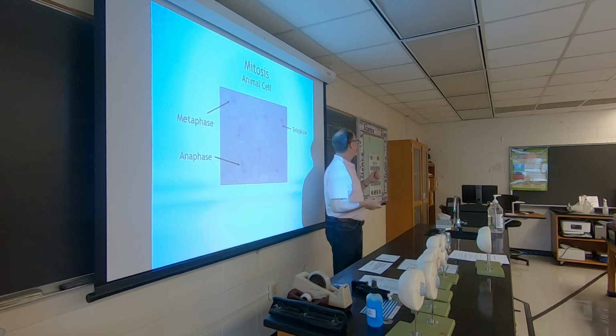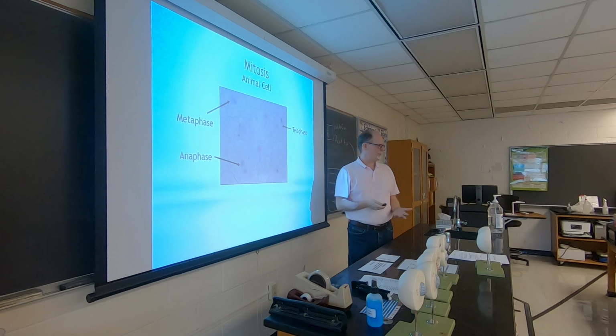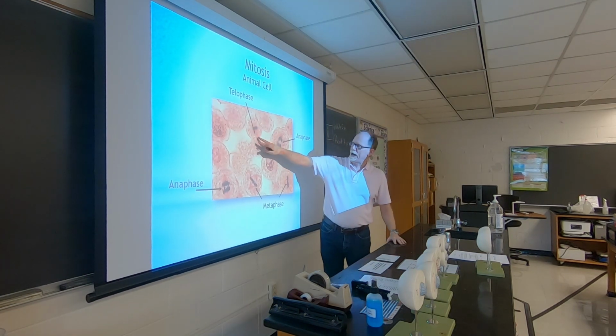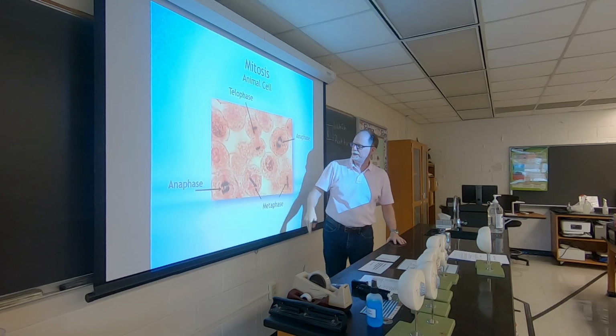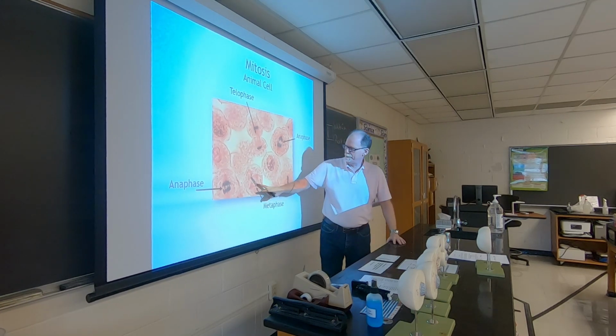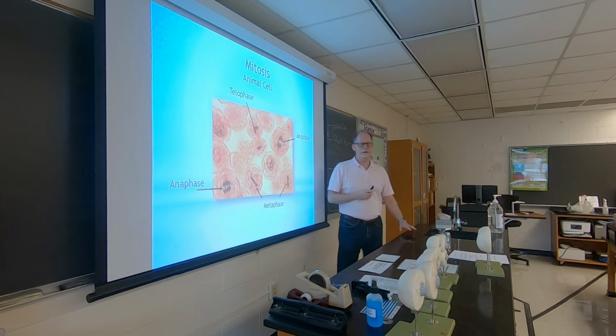And when you look at these under the microscope, it's not going to be entirely clear. But if you're not sure and you want some help identifying what cell's what, let me know. This is obviously telophase, it's probably just about done with cytokinesis. Right? Definitely anaphase, metaphase, anaphase in the animal cell.